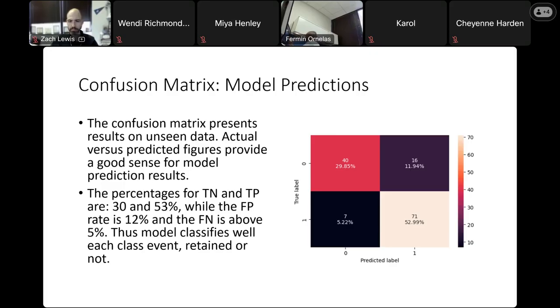The false negative rate is about 5%, and the false positive rate is about 12%. So it's very low. We have had models in the past that didn't do as well as this model. The reason, like I said, is that in the models we built in the past, it was everybody.